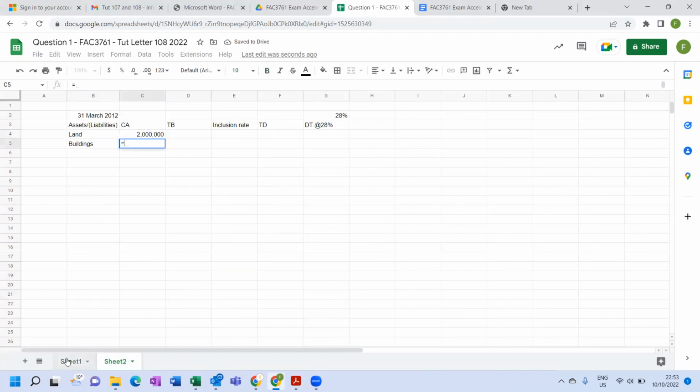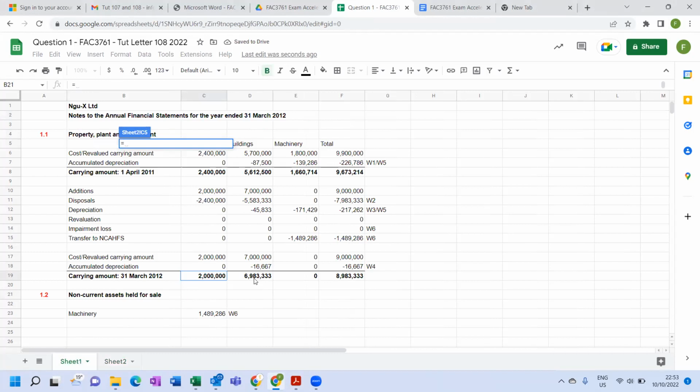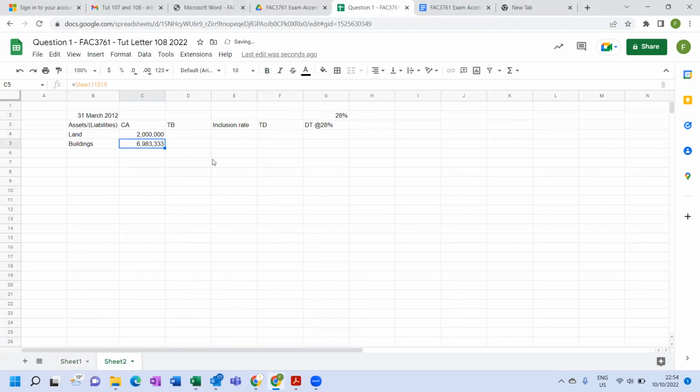So the tax base for land is also 2 million. That is the cost price. If there was any difference, there would have been an inclusion rate of 80%.